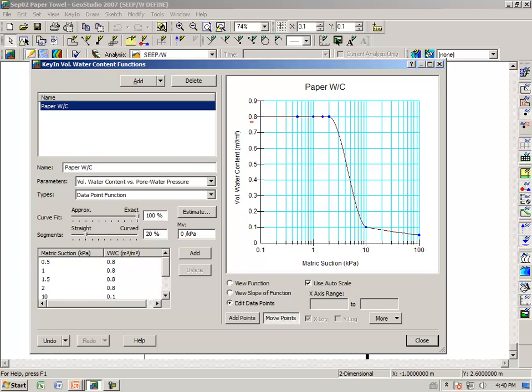We said that the porosity was 0.8. We said that the air entry value would be at 2 kPa. And we said we would drop down to 0.1 by the time we get to 10 kPa. So there is the paper volumetric water content function.